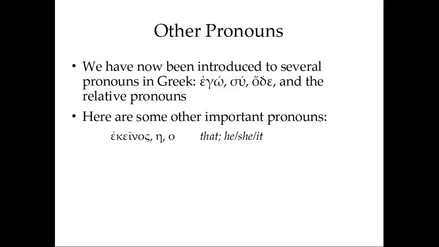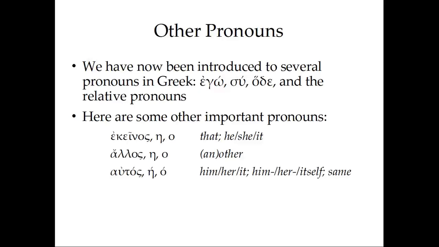Usually we want to think of this as meaning that or those, as opposed to this or these, for instance. And we have allos, alle, alla, which we've actually seen before, and this means other or another. And we have autos, aute, auto, which can mean three different things, really. It can mean him, her, it.